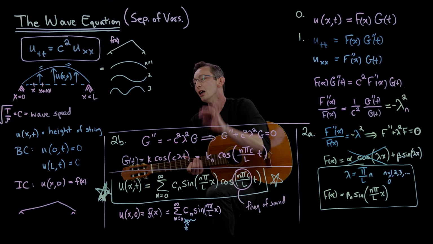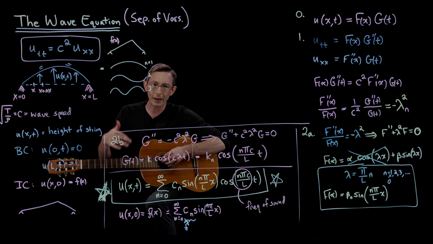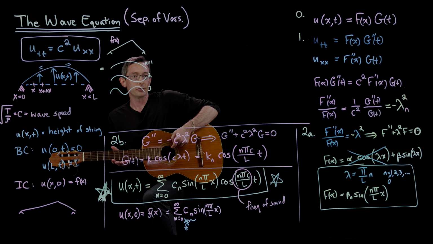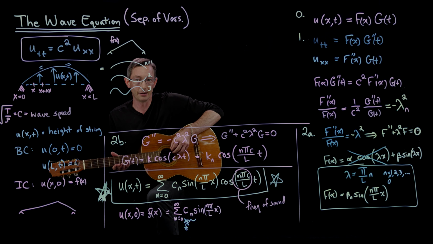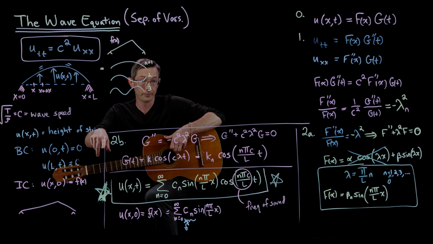Something else I think is kind of neat is if you picture, I'm literally pulling this guitar string up, so it's like a very shallow triangle, and that's my initial condition, and then I let it go.